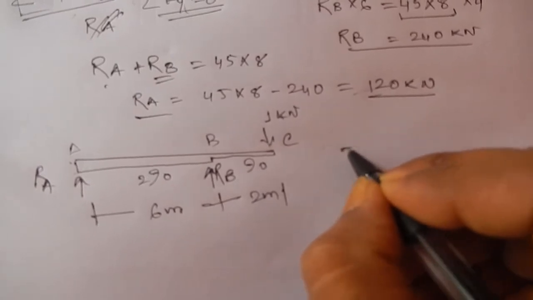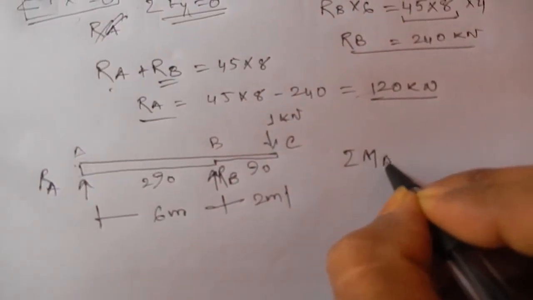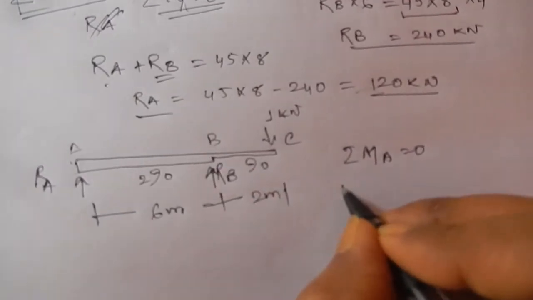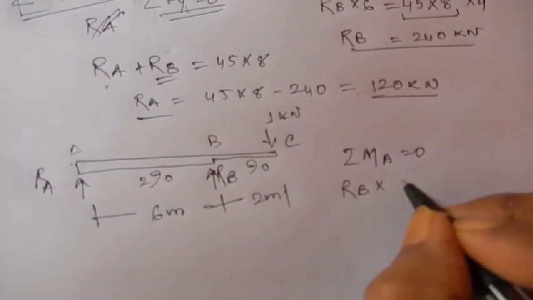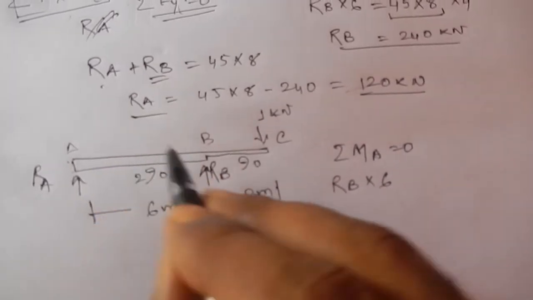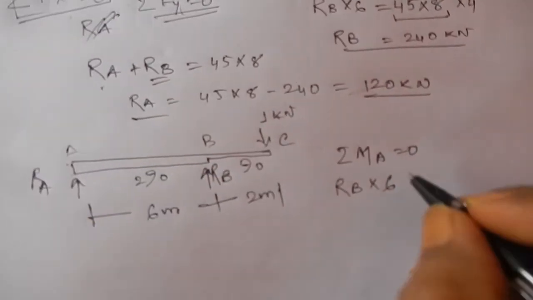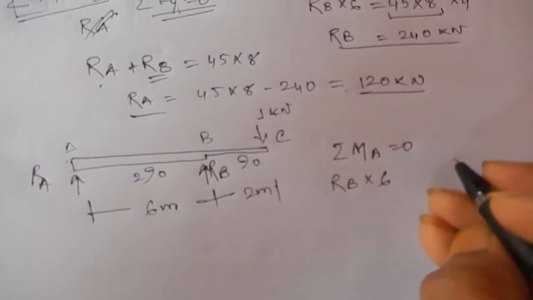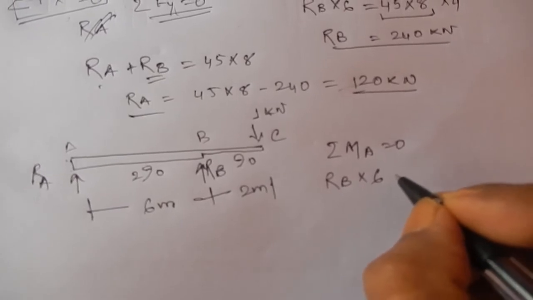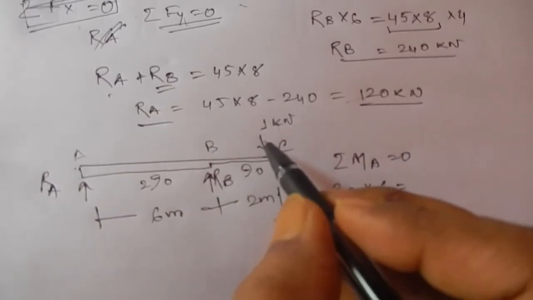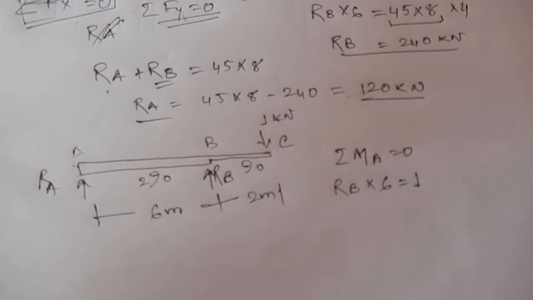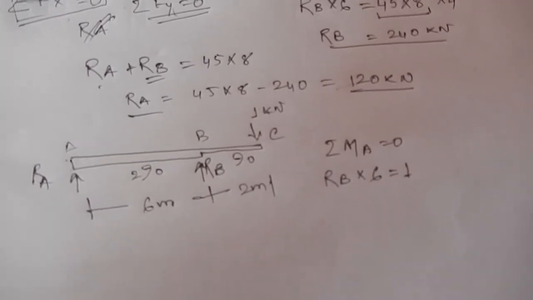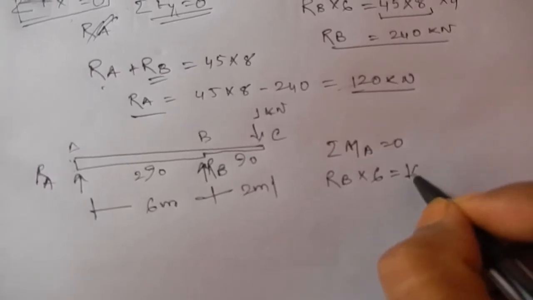That is, we can take the summation of moment at A equals to 0. What are the moments coming at A? The moment coming is RB multiplied by 6, right? It is in the anti-clockwise direction, and if you are taking anti-clockwise direction as positive, you have to take this as negative. The clockwise moment will be equal to the unit load 1, and the distance is basically 6 plus 2, right? So this is 8.